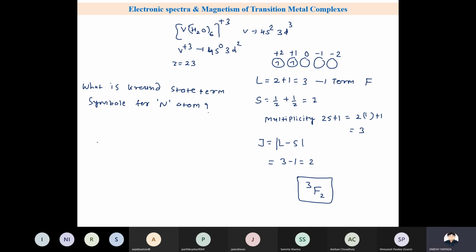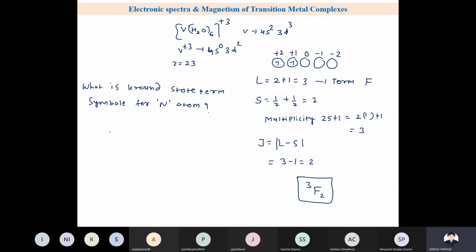Atomic number is 7. L will come 0, so term S.